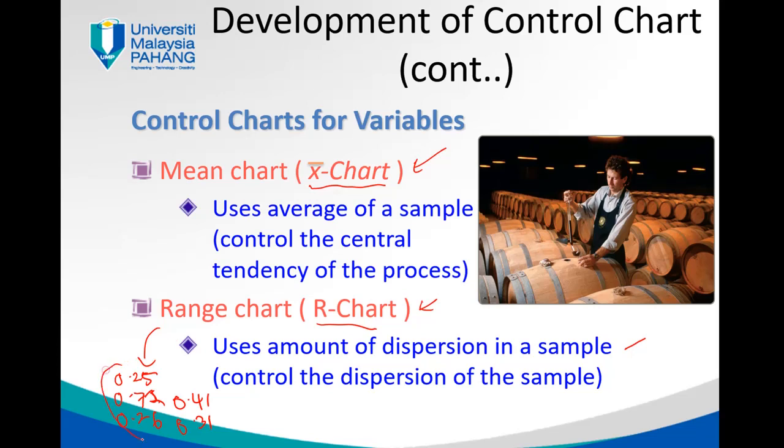Based on this data, the range is from 0.25 to the maximum of 0.72, so we take the difference. This is for the range chart. The X bar chart is directly calculated from the average: we sum up all of these numbers and divide by the number of data points, which is 5. Then we get the X bar.